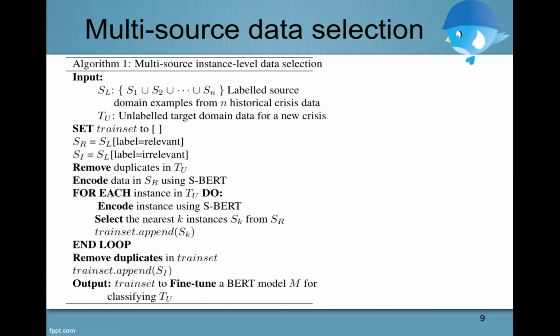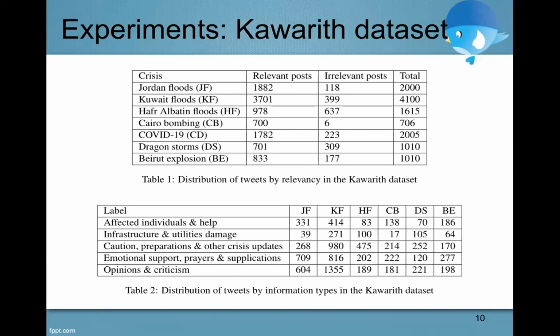Yeah, the statistics. Why do we have a small number of tweets? Let's say COVID, we have millions of tweets. Why do you have here a small number of tweets? And also in other crises, we have very small numbers, like Cairo bombing, only 706. Some of the tasks here have a few tweets. Do you have a reason for this?